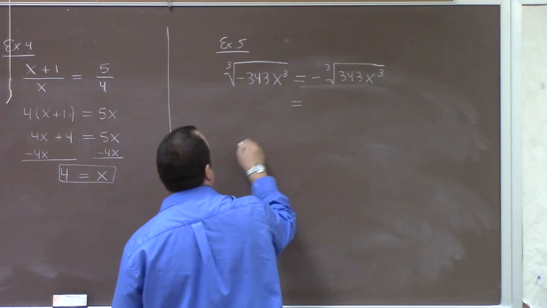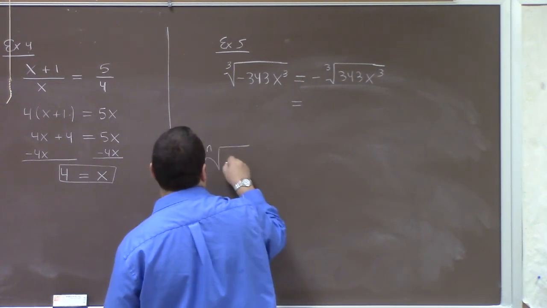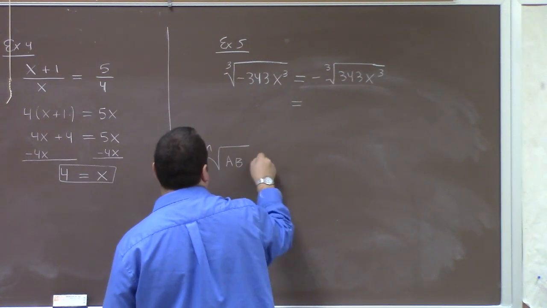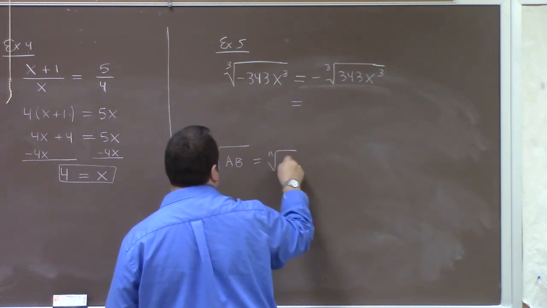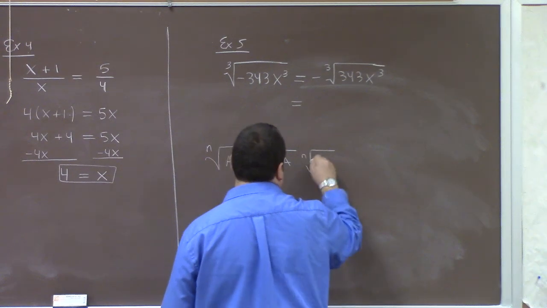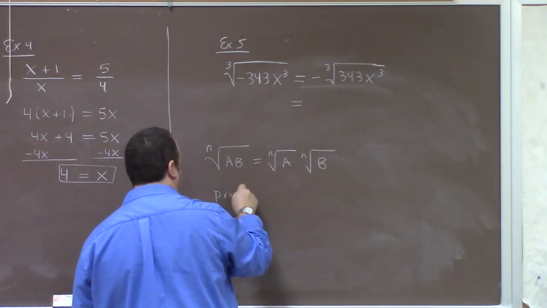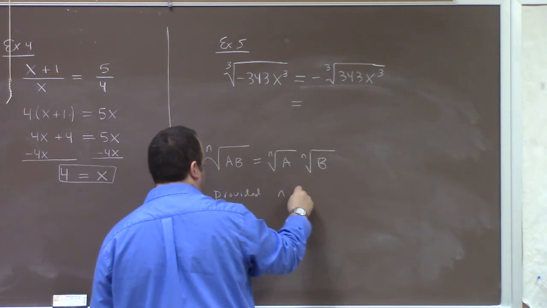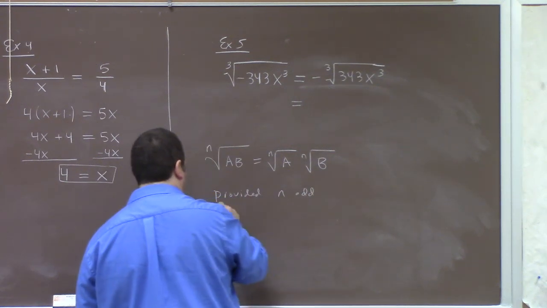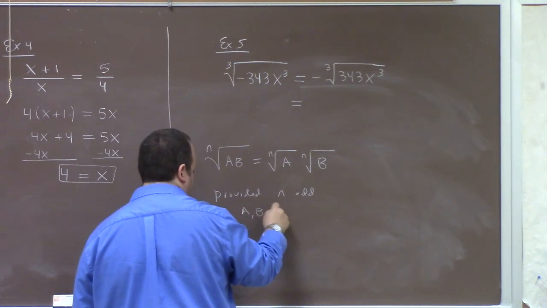Now the next thing I should mention is, if we have the nth root of AB, it's the nth root of A times the nth root of B, provided n is odd or A and B are greater than or equal to 0.